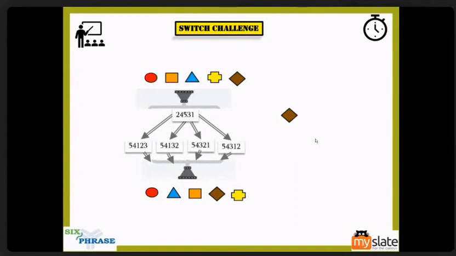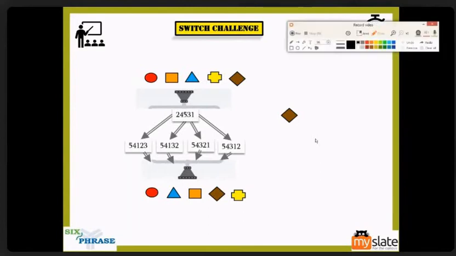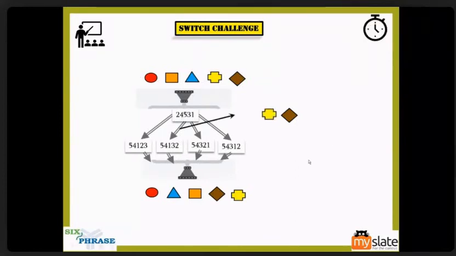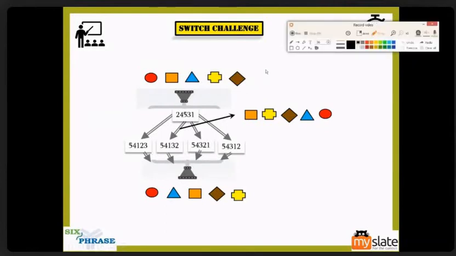Anyway, right. So I'll just give you the explanation for this case. If you apply this input to this 24531, you will get this as the output. Which we call the intermediary, because this output acts as the input for the next process. So you have to take this as 1, 2, 3, 4, 5.